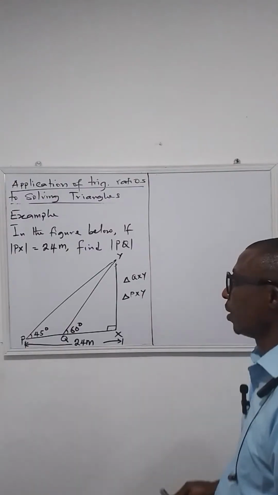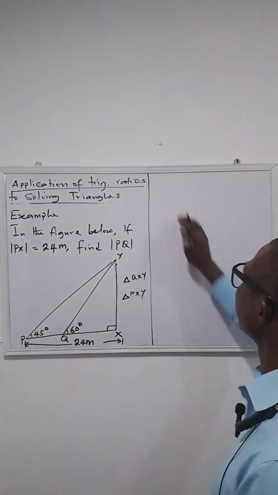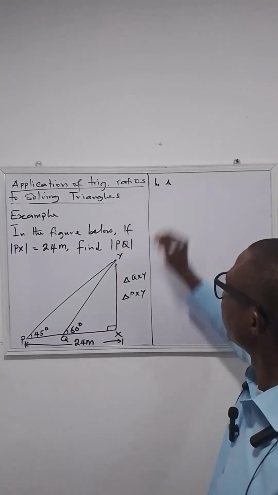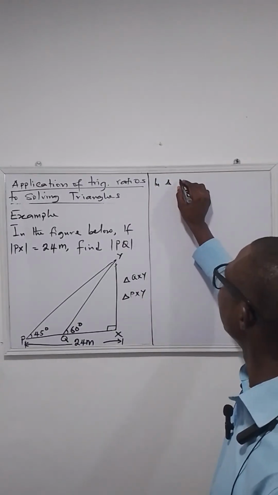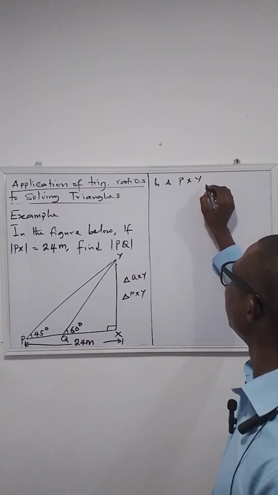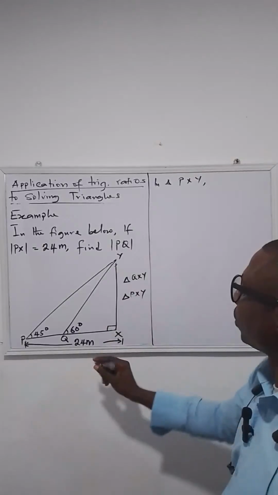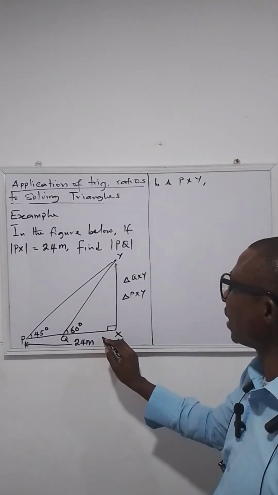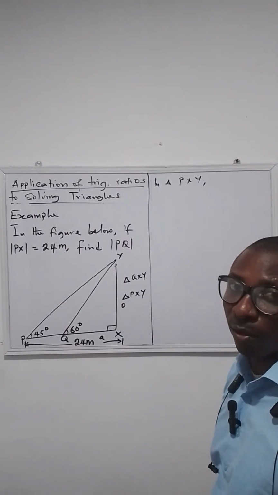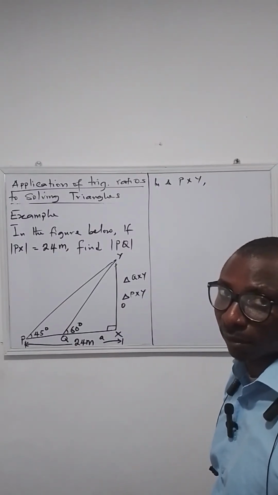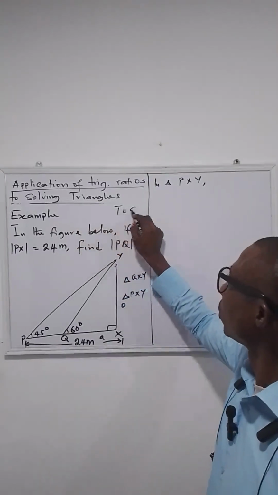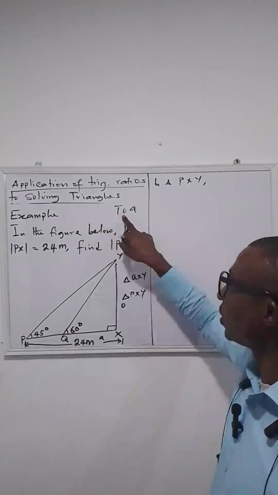Okay, so now I will write this as: in triangle PXY, the bigger one, I now have my adjacent A and opposite O. So that means I'll be making use of tan, because that's opposite and adjacent.